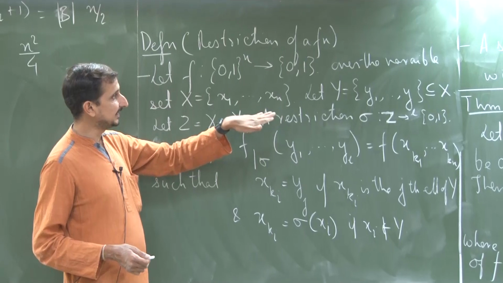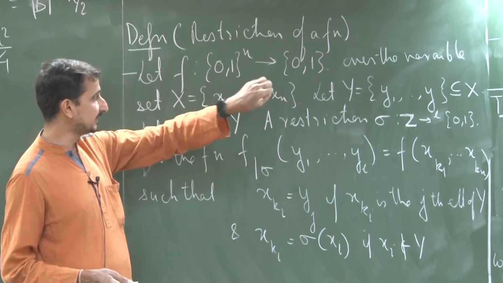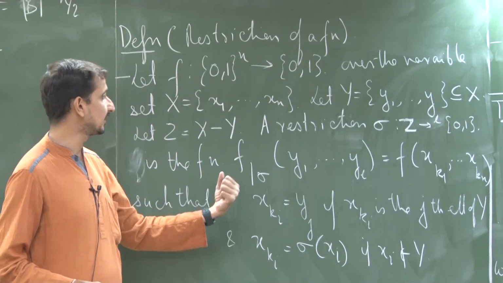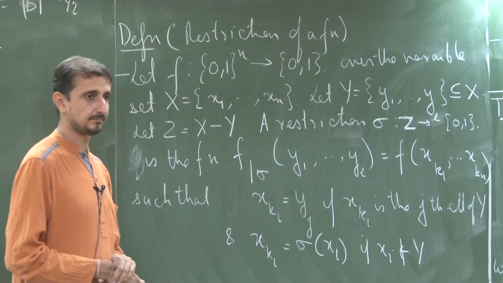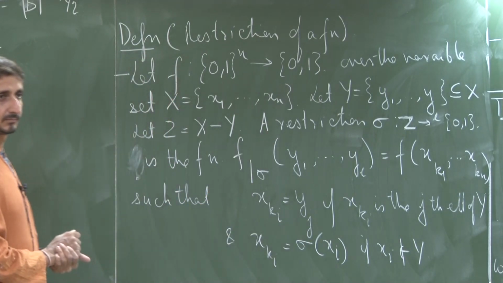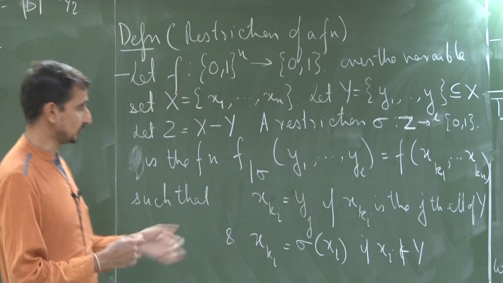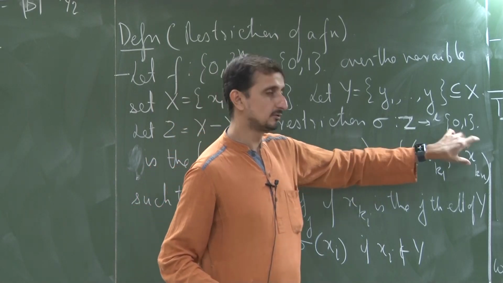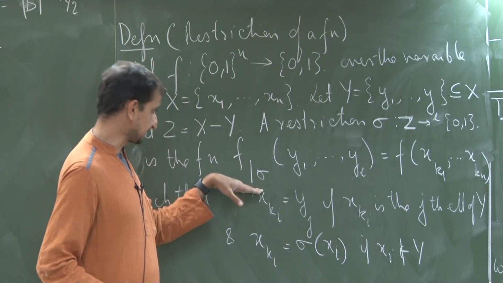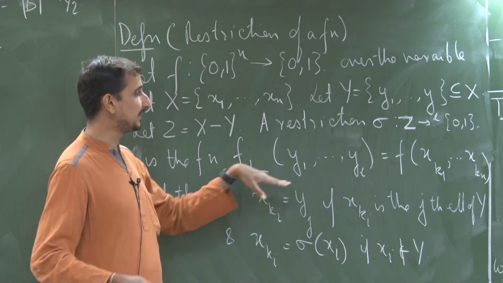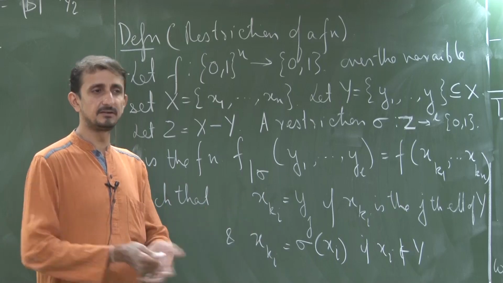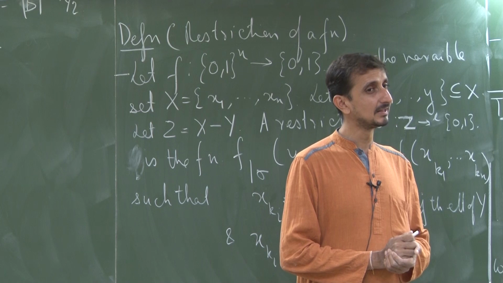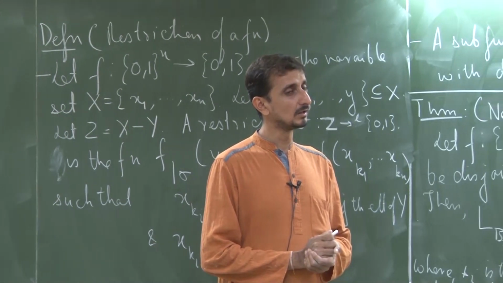So a subfunction on y, if I fix y, is basically any function whose domain is z. If I fix sigma to be some z, which is sending some elements to 0, some elements to 1, then my subfunction is fixed, but depending on what sigma is, I can have many different subfunctions.